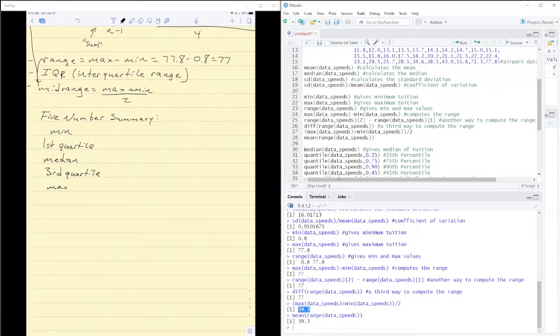So your min is 0% of data is smaller than this. Right? Nothing is smaller than your minimum. Here, your first quartile, and you'll often see this written as Q1 for first quartile, 25% of data is smaller than this.